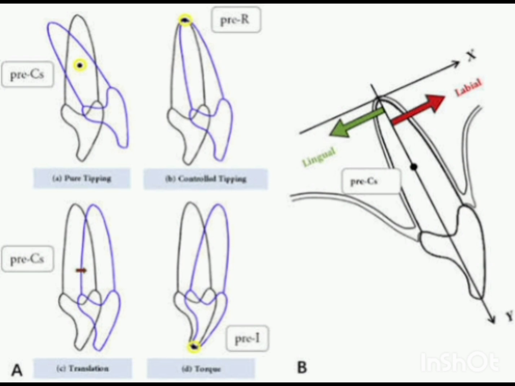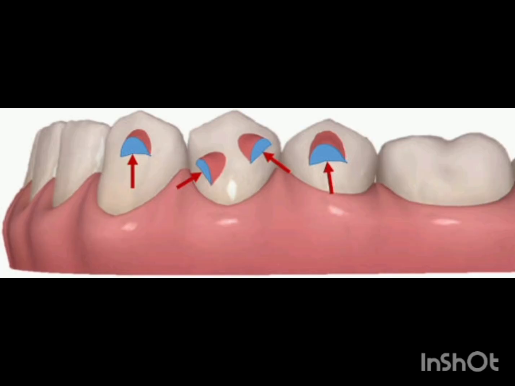Attachments and appropriate staging can make extrusion more predictable. And now, torque refers to the controlled movement of the root relative to the crown, and it is one of the most demanding movements for aligners because the force must generate an appropriate moment. So adequate attachment design, aligner engagement, and careful staging are important for successful torque expression.